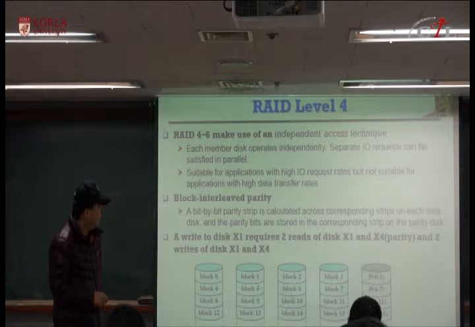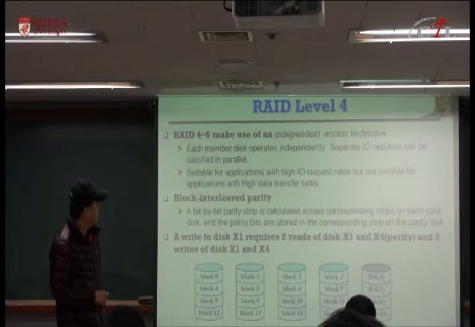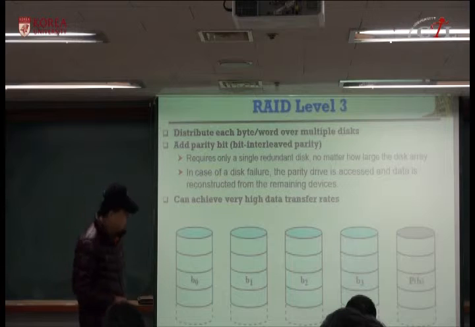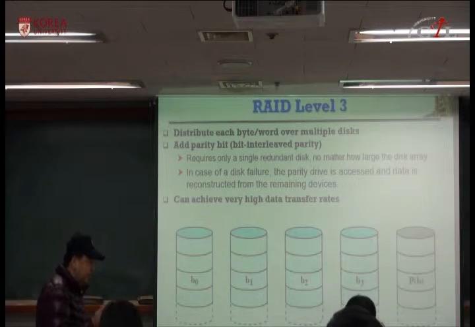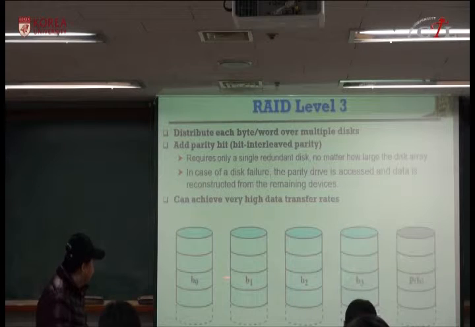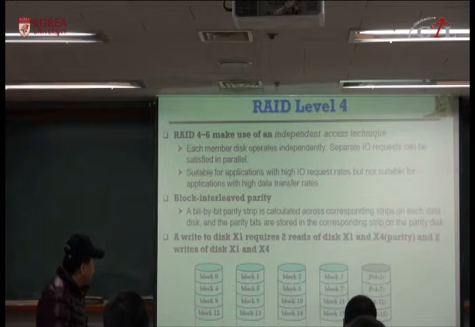And you can put this parity on one disk, or you can also interleave. Okay, so either ECC, Hamming code, or parity, but this is bit interleaved parity. In this case, from RAID level 4, 5, 6, it's a little different.